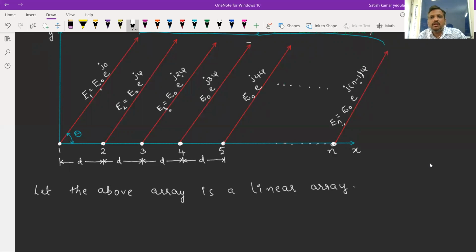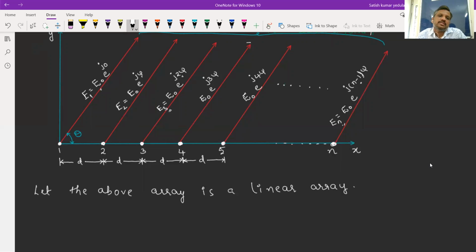The uniform linear array means all the elements are equally spaced and they are excited with currents of equal amplitude and equal phase. How can you say equal phase? We already know from the two-element array that the phase difference between any two adjacent antenna elements is psi.